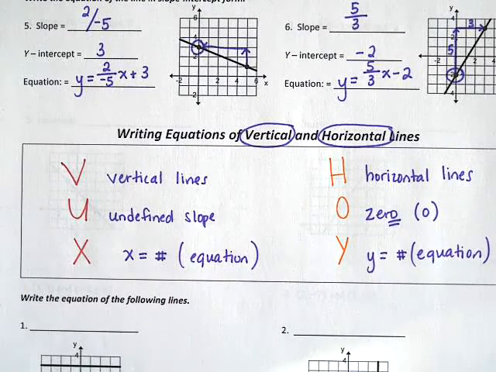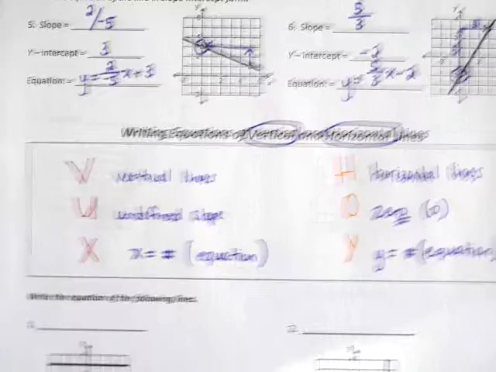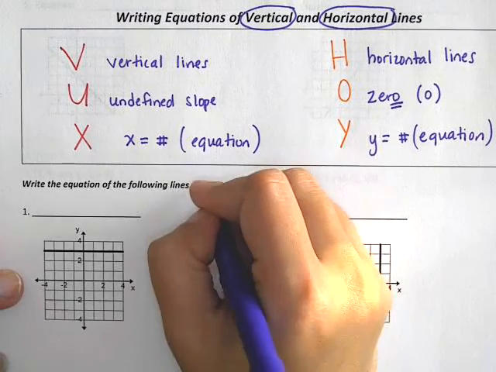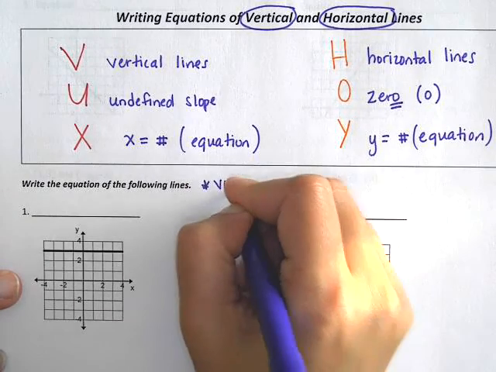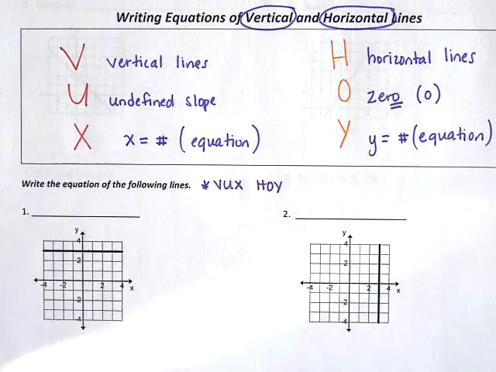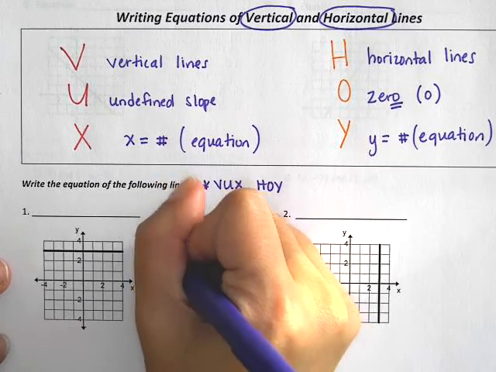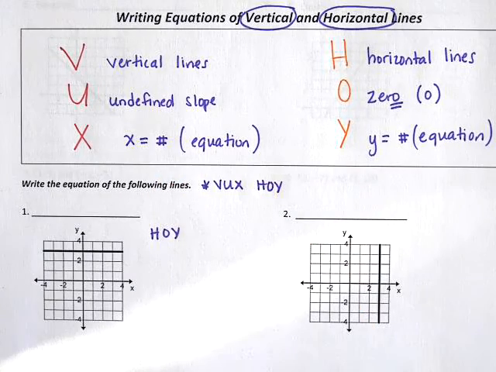So when I want to write the equation of a line, and I see that it's a vertical or a horizontal line, I am not going to use y equals mx plus b anymore. I am going to use VUXHOY. Let's look at the first example. The first example here is a horizontal line. So I would write down HOY.